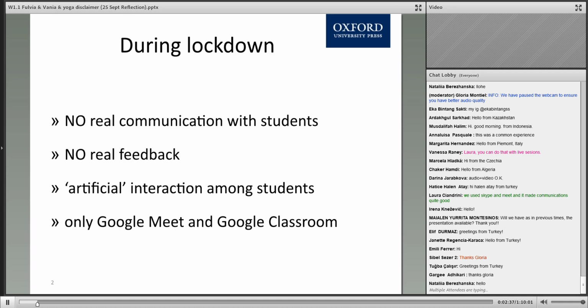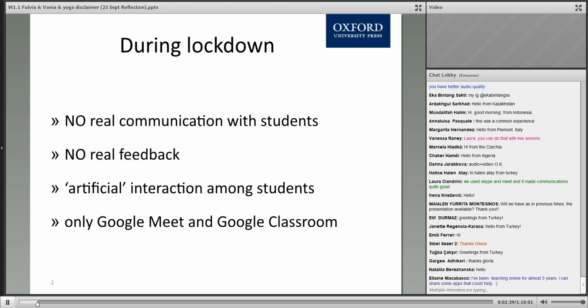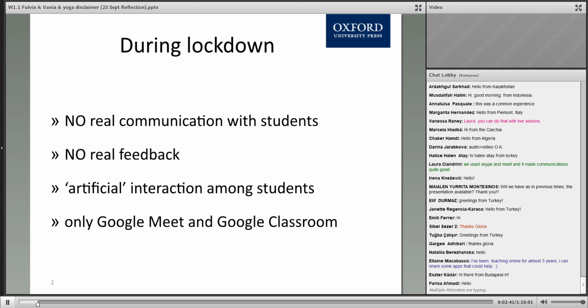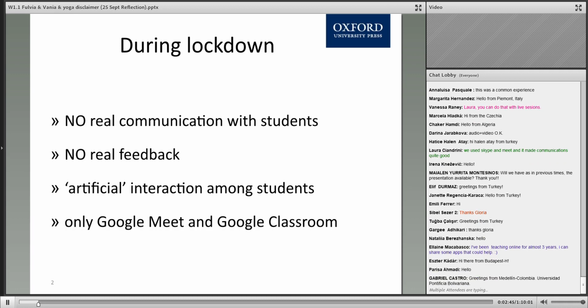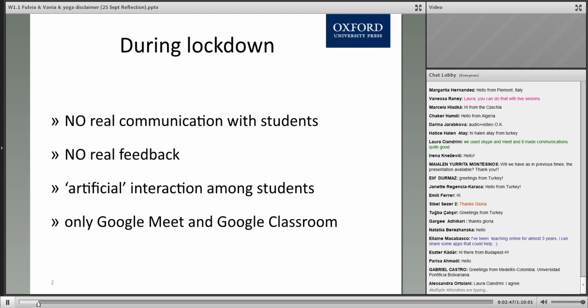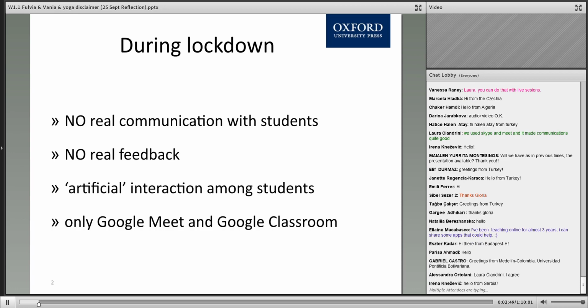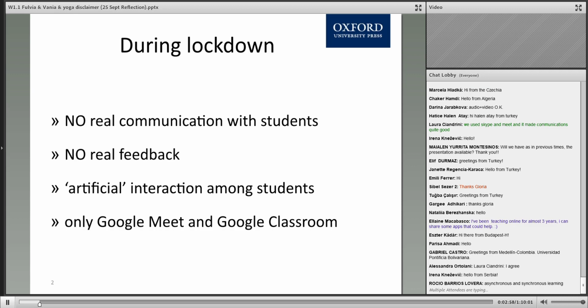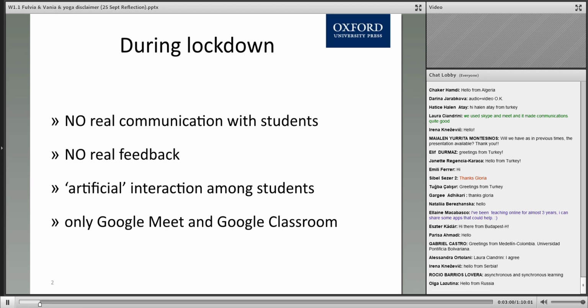My school is a G Suite school, and so we could use all the Google tools to try to create a kind of communication with the students. Google Meet, I think, is a very good tool. It's easy, it's flexible. It's not the same as being face-to-face with the students, but it's okay.